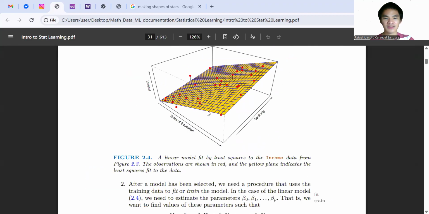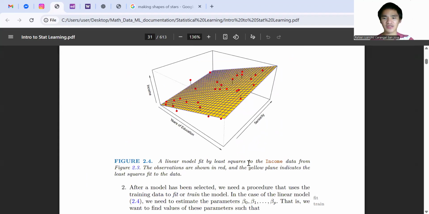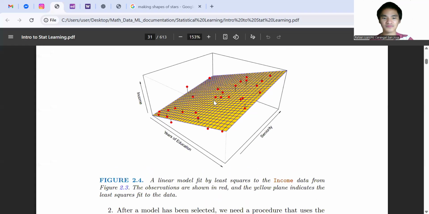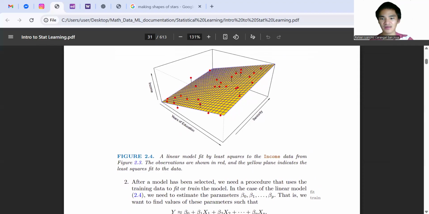And this is a linear model fit by least squares to the income data from figure 2.3. And the observations are shown in red, and the yellow plane indicates the least squares fit to the data, right? So this is just a 3D version, right? Where we fit a line, or in this case, a line that's 2D. So let me actually just put this in my notes real quick.